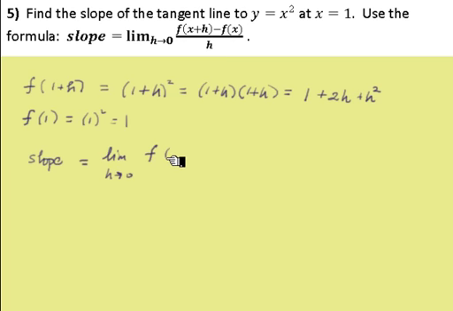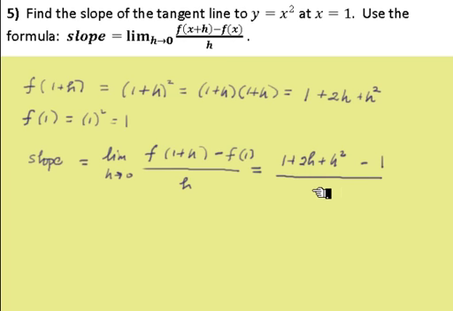That would be f of 1 plus h minus f of 1 over h. And substitute in 1 plus h, that's 1 plus 2h plus h squared minus f of 1 is 1 over h. These ones just cancel, 1 minus 1.